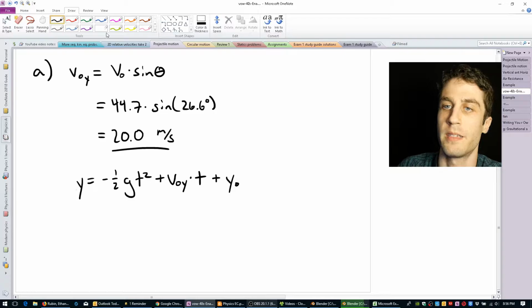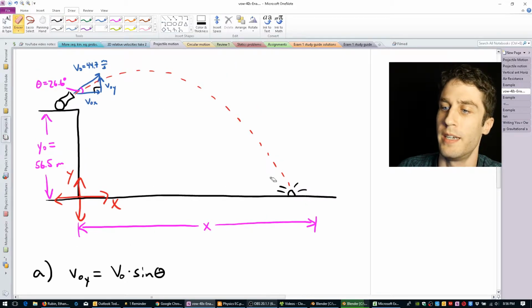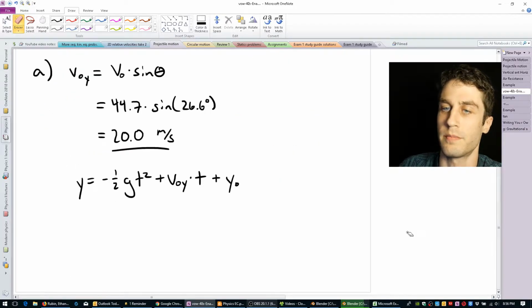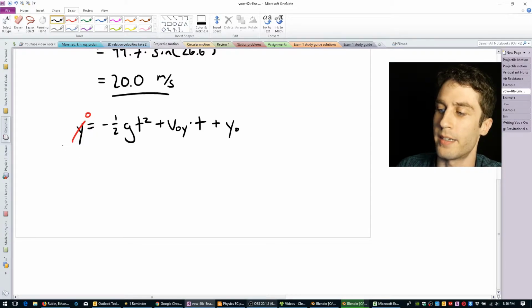Well, where does the cannonball end up? According to our coordinate system, it ends up at y equals 0. Y naught is given to us, and pretty much everything is given to us except for t. Since this is a quadratic equation, I'm going to go ahead and plug in numbers right now.